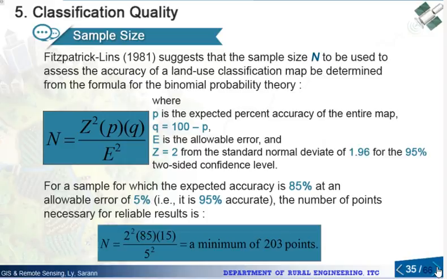For a sample for which the expected accuracy is 85% with an allowable error of 5%, the number of points necessary for a reliable result can be calculated here. You see the minimum of 203 points. So it is the sample size that we can choose for the evaluation of the classification quality.